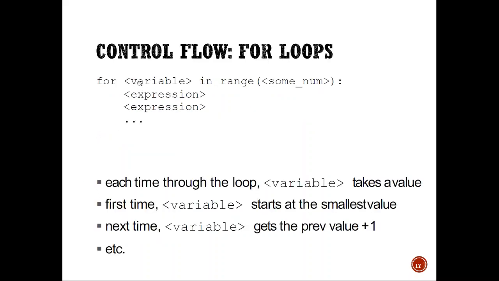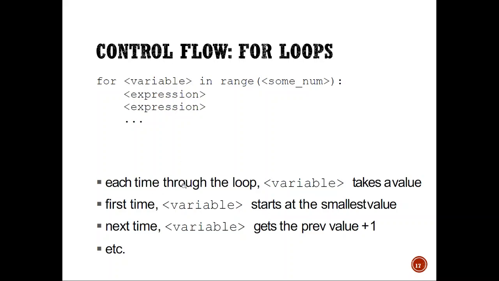So the general structure of a for loop is the keyword for, then there's the variable in range of another value, which typically is the number of iterations. We have a particular set of expressions and block of code to implement.